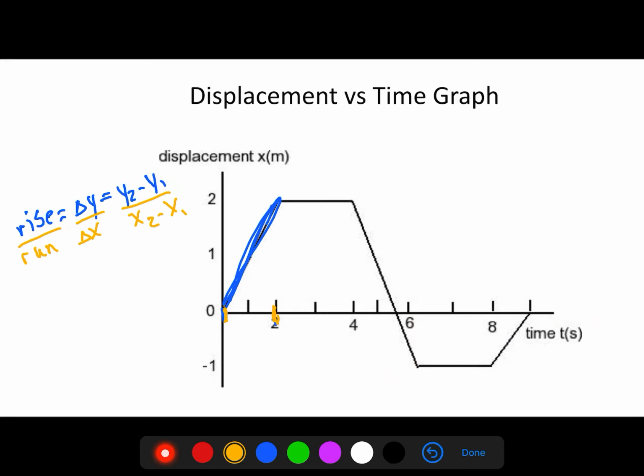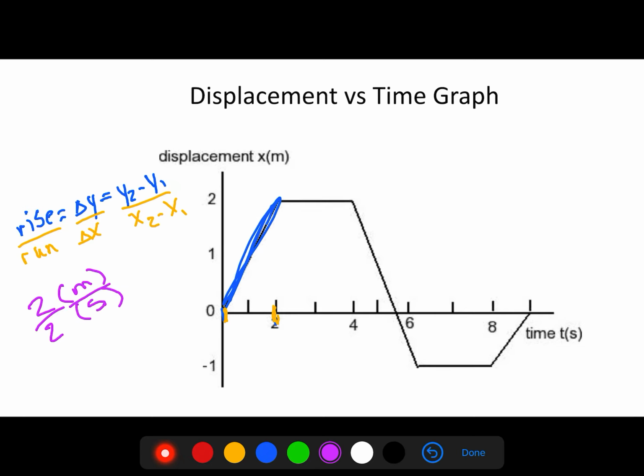So if we are looking at the slope on this particular graph, then I would do just like in math, I would do rise over run, okay? So in this case, my rise is a positive 2, my run is a positive 2, so I end up with 2 over 2. But then what would the units be for that slope? Well, my slope is my change in the y-axis, which in this case is measured in meters, and my run is the change in the x-axis, which in this case is seconds.